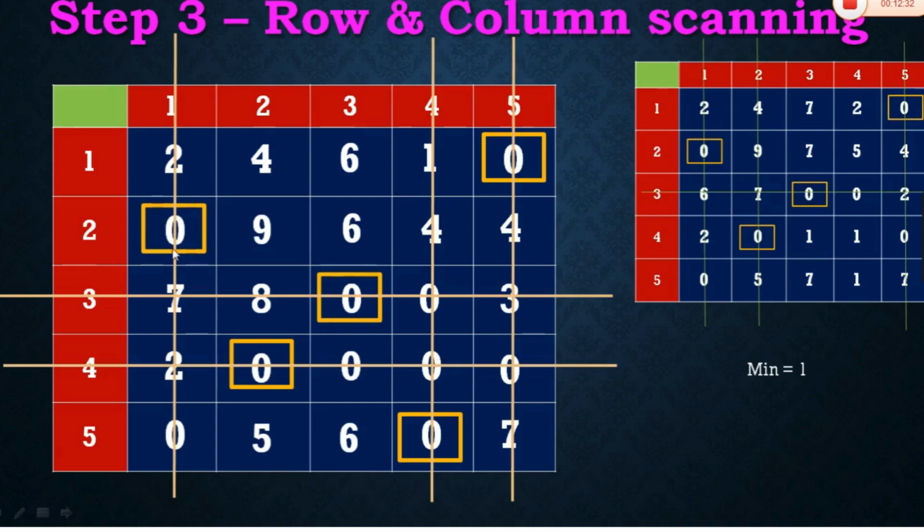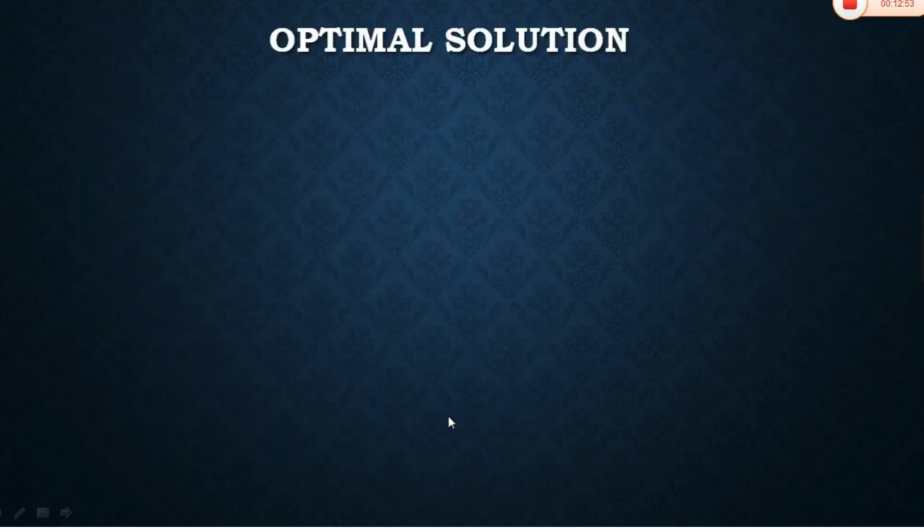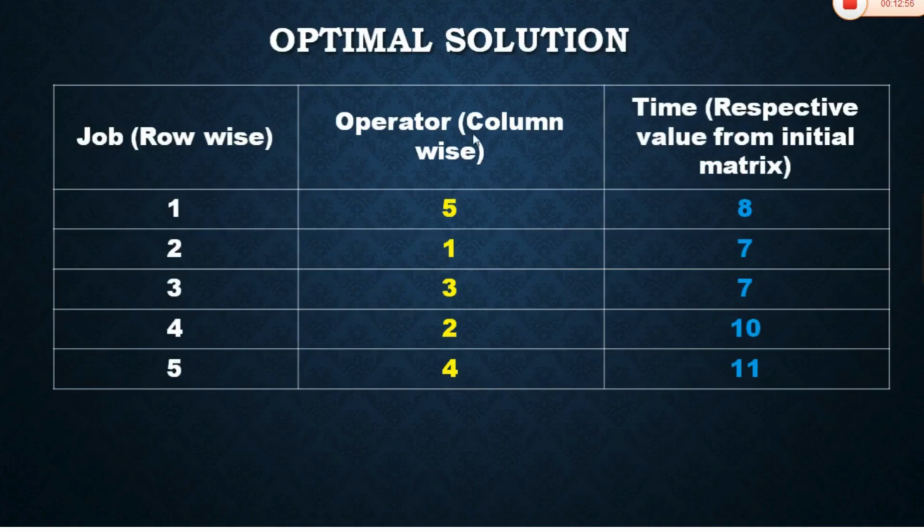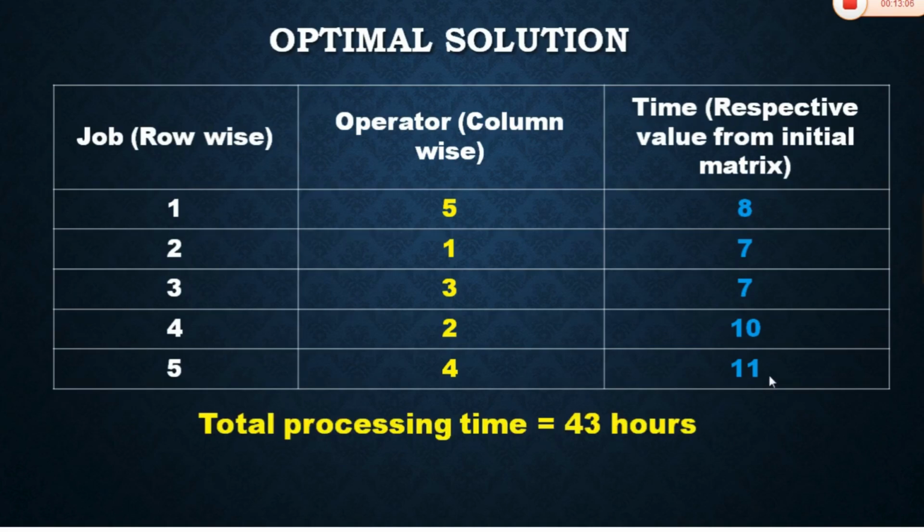In the second job, the first operator is locked, in the third job, the third operator is locked, in the fourth job, the second operator is locked, and in the fifth job, the fourth operator is locked. Operator wise, we have given this tabular column, and the expected values from the initial matrix are 8, 7, 7, 10, 11. The total processing time is 43 hours. Thank you.